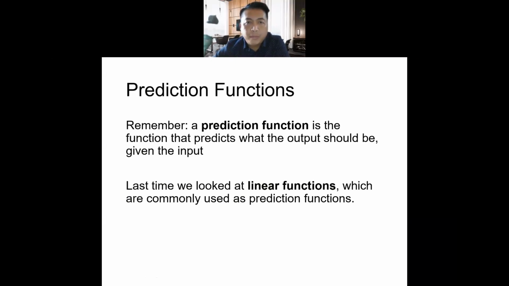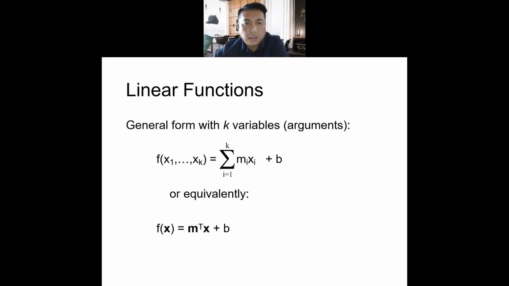Remember when we performed the prediction last time, we were looking at a linear model in which we can draw a line that will separate the two classes. So when we talk about linear function, we will look into the general form with k variables. So k variables refer to the k number of attributes that you will be using in your data analysis.